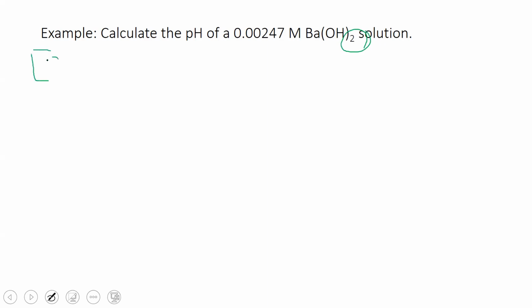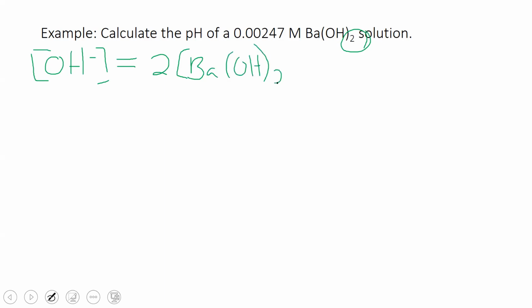So the concentration of hydroxide will be equal to 2 times the concentration of barium hydroxide. And so you'll get 0.00494 molar for that concentration.